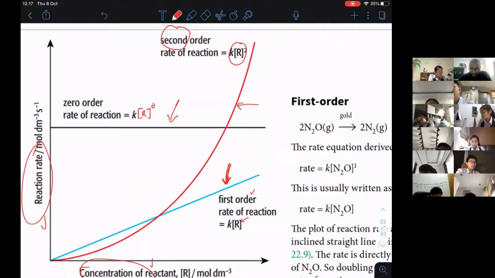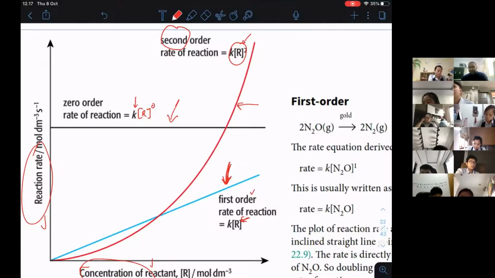So it's only affected by the K, which is a constant line. If it is first order, then it's going to be a straight line, and it only depends on the concentration. And if it is to the power of 2, then it follows second order, which is going to be something like a quadratic graph.